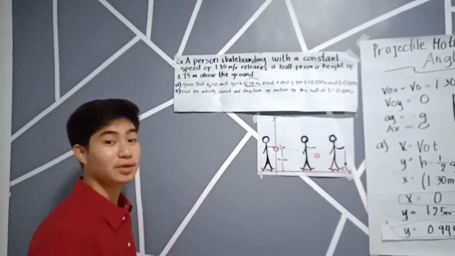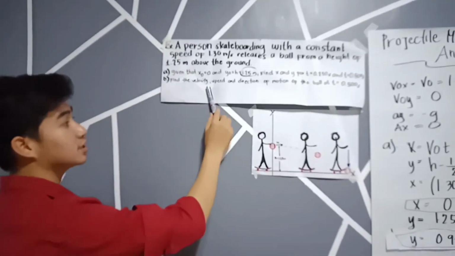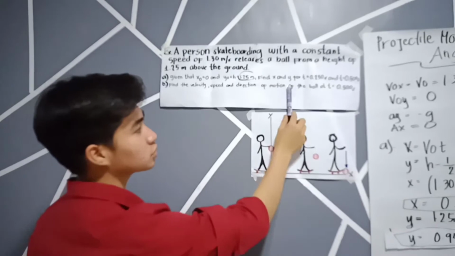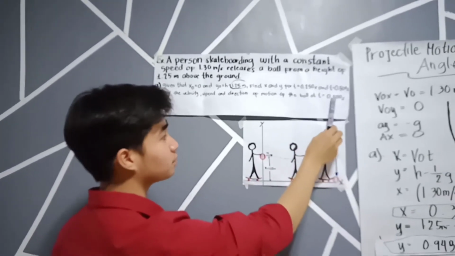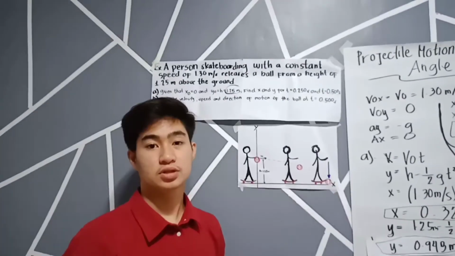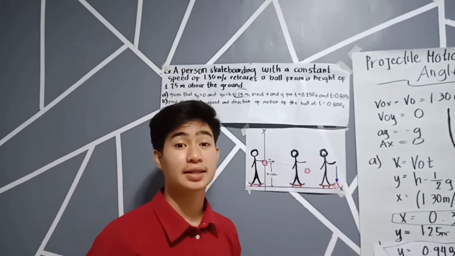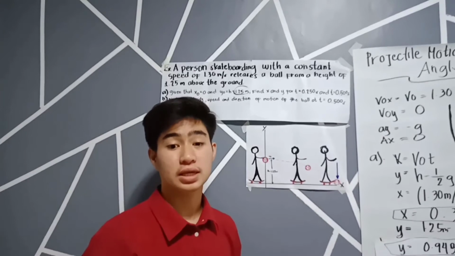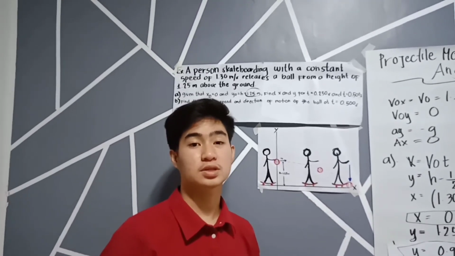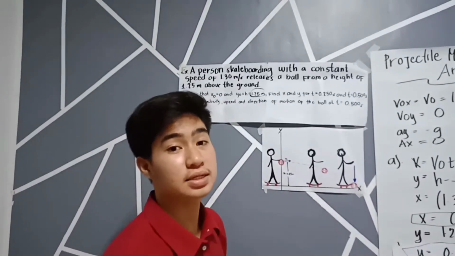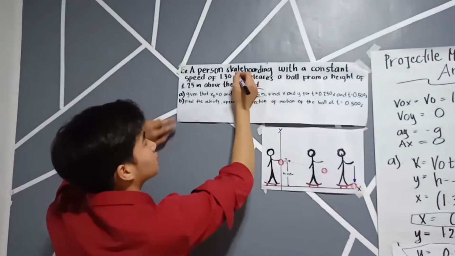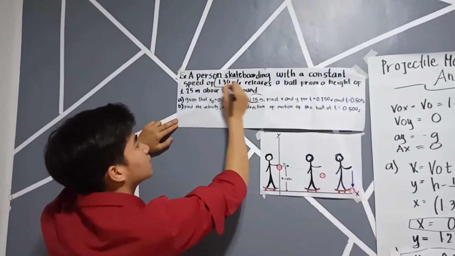For letter B, we are asked to find the velocity, speed, and direction of motion of the ball at the time of 0.5 seconds. When we are talking about the velocity of the ball, it means we are looking for the resultant velocity. We know v x, which is v sub o, is equal to 1.30 meters per second.